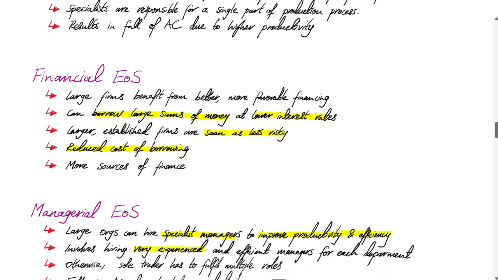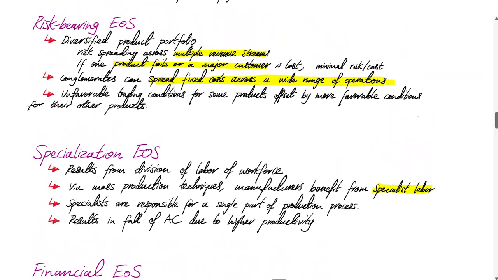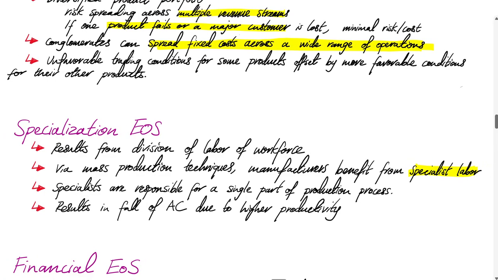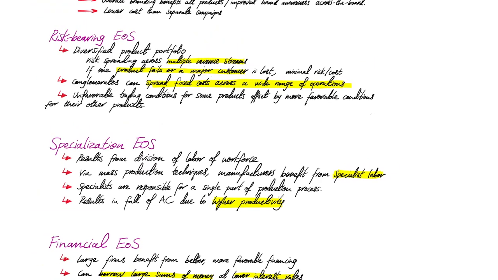Again, similar to managerial, and they're very efficient at their specific job. So you're essentially using specialists for everything, and you have a decrease in your average costs. Now, they could be more expensive laborers. That could increase your average costs, but the idea is that they have higher productivity, but obviously it's case by case. So definitely think about that.